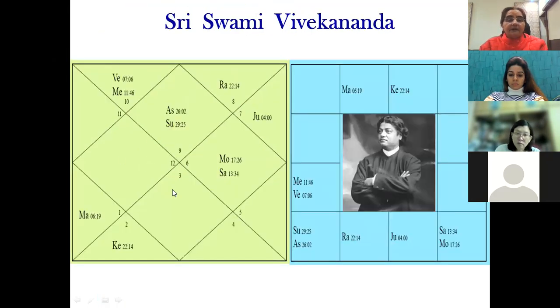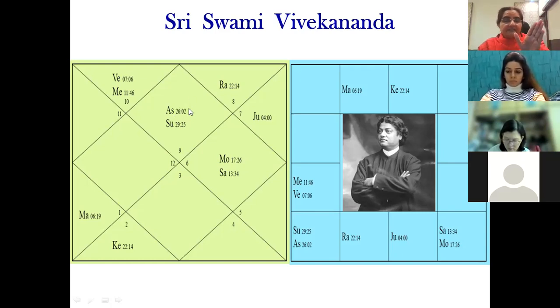If you see in the Swami Vivekananda's horoscope, the ascendant is of 26 degree. Okay. Now, what they say, let us make this 26 degree as a center. Absolutely in the center. So what happens, center of this ascendant is 15 degree.